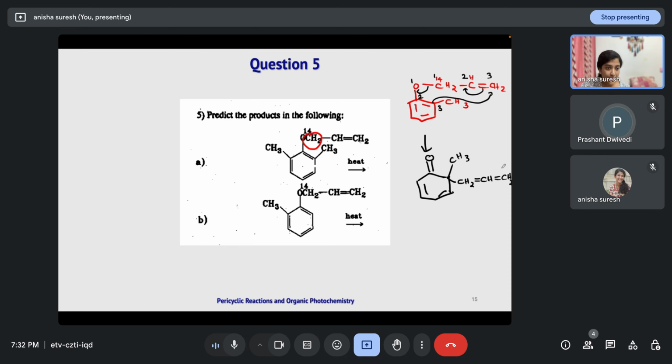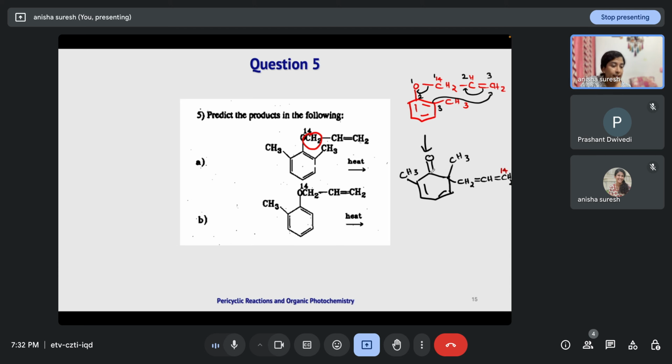This is the labeled carbon, and here we have a CH3 as well. So this is the intermediate that will be formed.